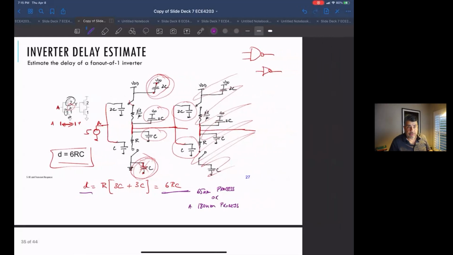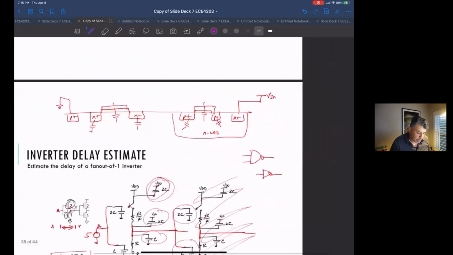Now, what's the difference between the 65 nanometer and the 180 nanometer process is the R sub N, R sub P, Cs. These are different for this process compared to this process.